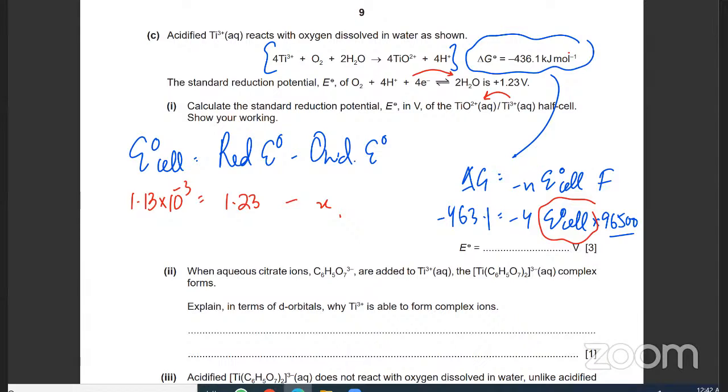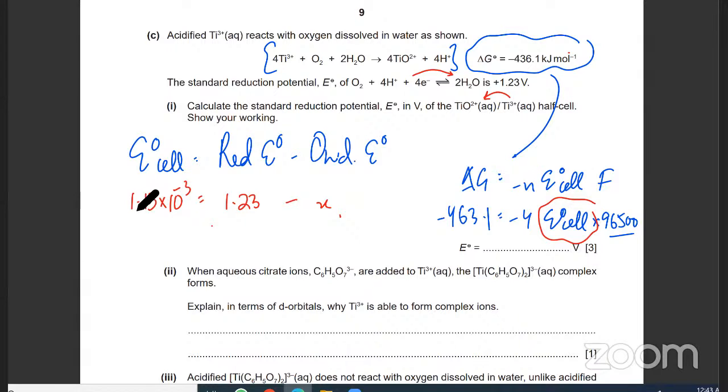One second. Can anyone check why? Is this correct or not? So it's not 1.2. 1.2 into 10 to the minus 3, the answer is 1.13.